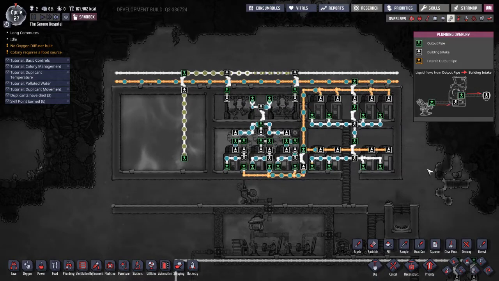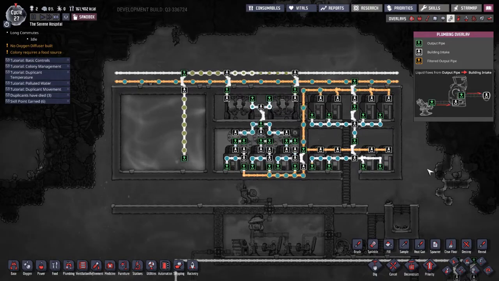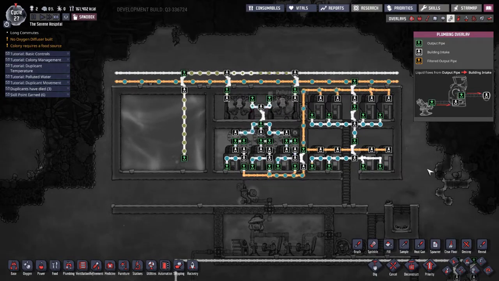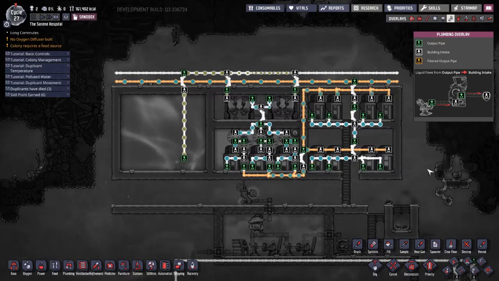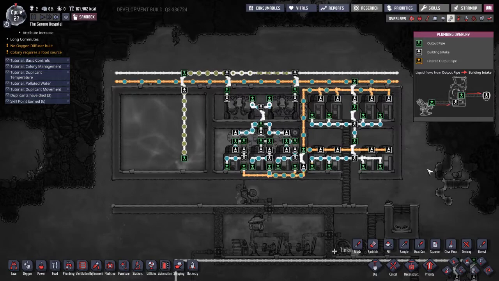Now currently, the first reservoir is being filled, the second reservoir is emptying, and the third reservoir is cycling.